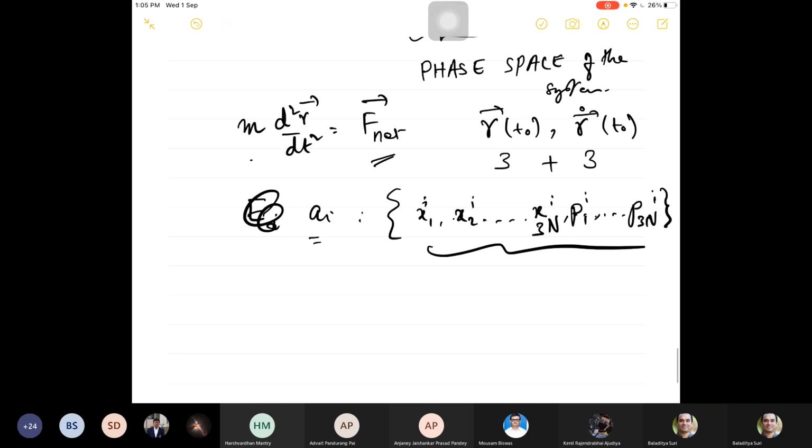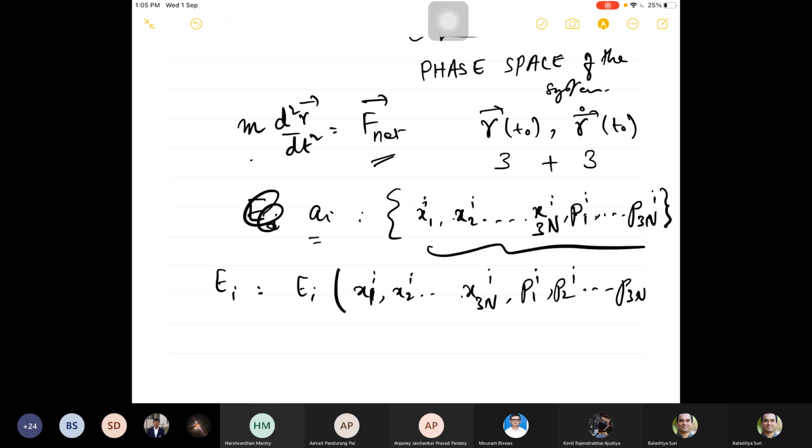And there is an energy EI, which is then a function of these x1i, x2i, up to x3ni, p1i, p2i, up to p3ni.